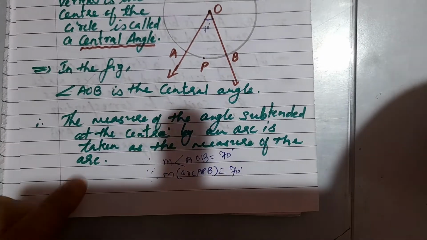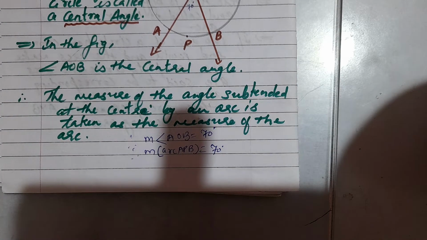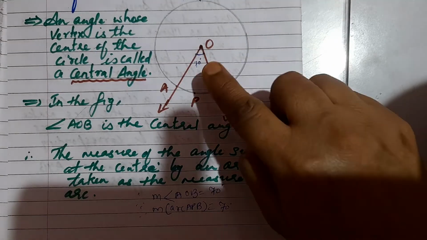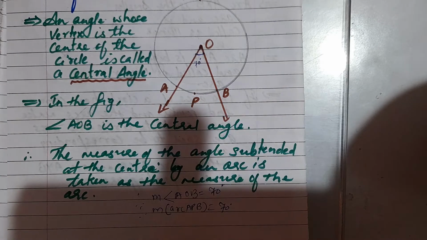This is the meaning of this particular statement. So in simple words, you just have to remember, whatever is the measure of the central angle, the same will be the measure of the minor arc in that particular figure.